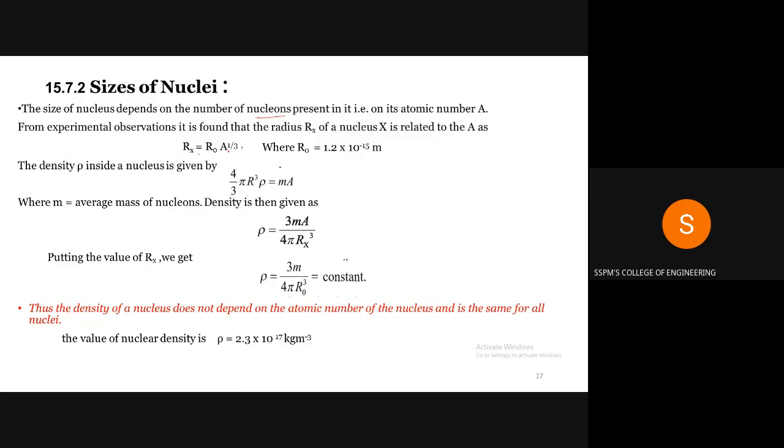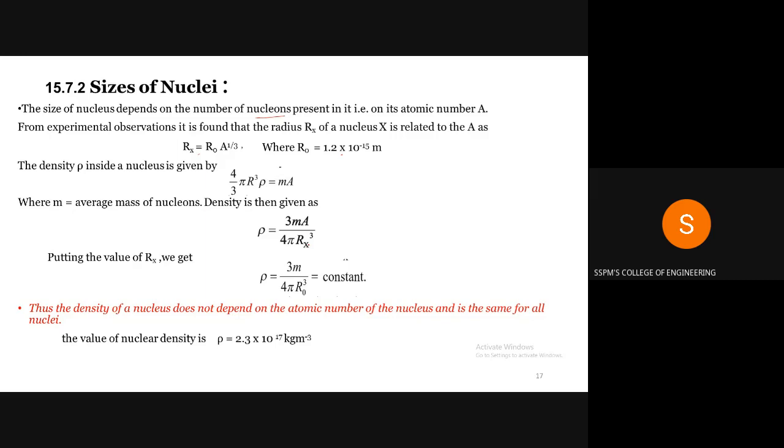The density rho inside the nucleus: as the nucleus is spherical in nature, density rho inside the nucleus is given by mass divided by volume, 4/3 π R cube, where m is the average mass of the nucleus, so density equals 3mA upon 4π R cube.